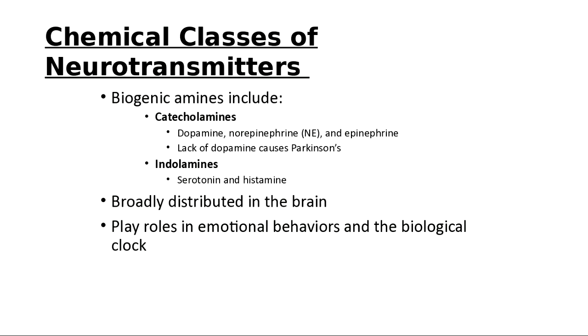Epinephrine greatly increases the rate of contraction of the heart and the force of contraction, as well as doing a lot of other things. Norepinephrine actually causes vasoconstriction of blood vessels. Dopamine does a lot of things. Some we don't know what it does, but we do know that lack of dopamine in a particular part of the brain called the substantia nigra leads to Parkinson's disease.